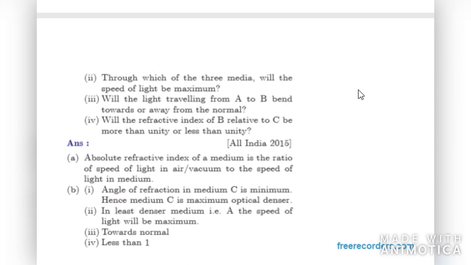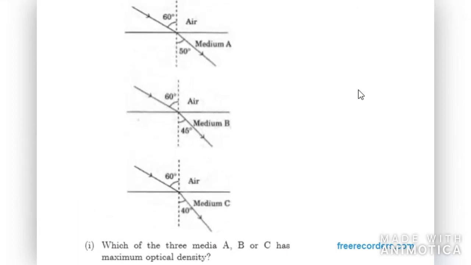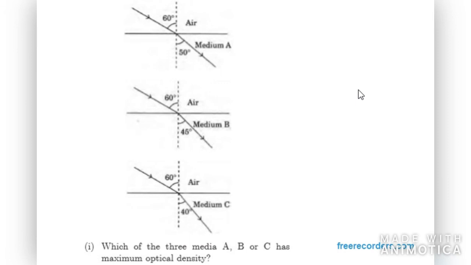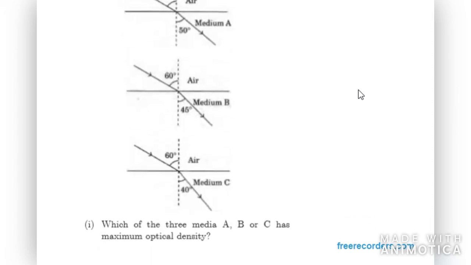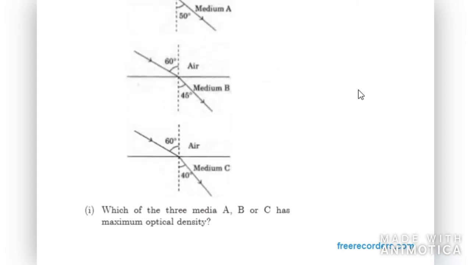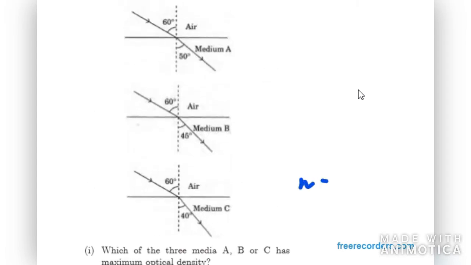Then in the second part, it says through which of the three media will the speed of light be A, B or C? Air and medium A, air and medium B, and air and medium C. We have to find which of the three media has maximum optical density, that means N. So it will be medium C, as N is equal to sin i over sin r, and in this case the angle of refraction is 40°.